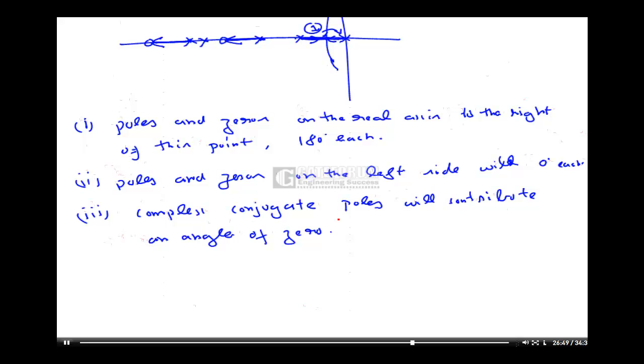So up to this point we have learned certain basic rules. Now using these basic rules we will try to plot one root locus. A simple root locus.